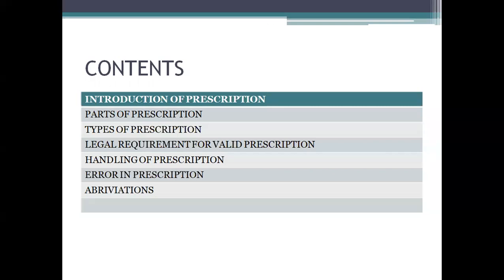And last, some abbreviations. Yesterday we discussed some abbreviations like BID, TID, OD, such abbreviations used by the doctors, by the registered medical practitioners in the prescriptions. Such types of abbreviations are used by doctors, which we have to look at in this point.